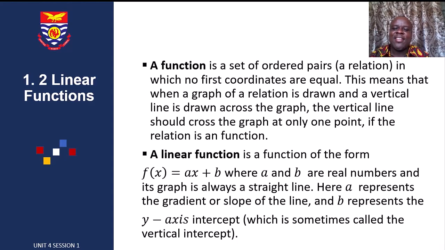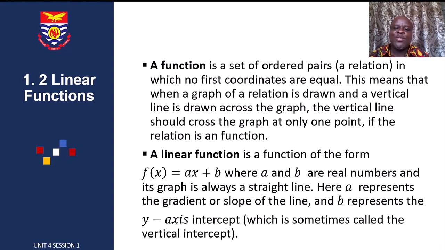Otherwise, that relation is not a function. And we are saying that for a function, no first coordinates, which we call the domain, are equal. No first coordinates in the domain are equal.